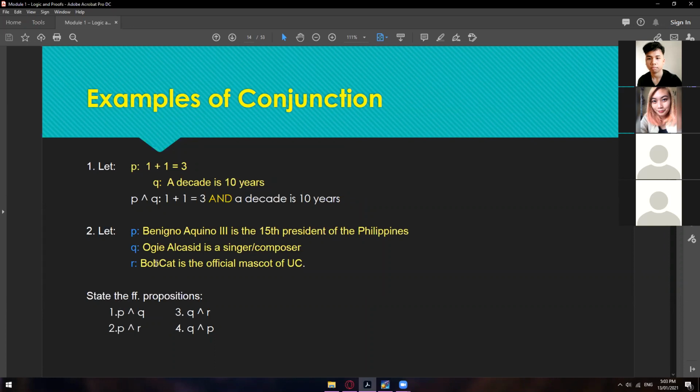Ogie Alcacid is a singer and composer, and Bobcat is the official mascot of UC. All right. Last one is Mr. Racer Vince. Number 4. Ogie Alcacid is a singer/composer, and Benigno Aquino III is the 15th President of the Philippines. Okay, di ba? Sobrang dali.